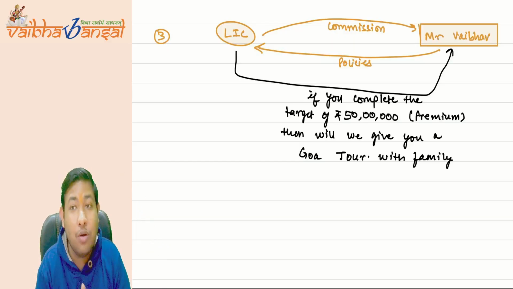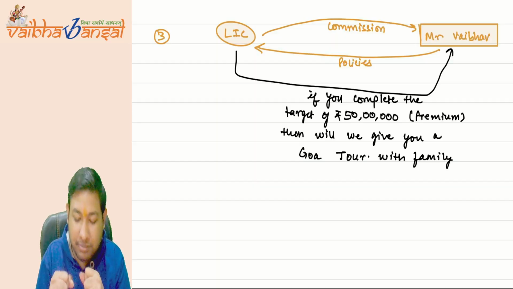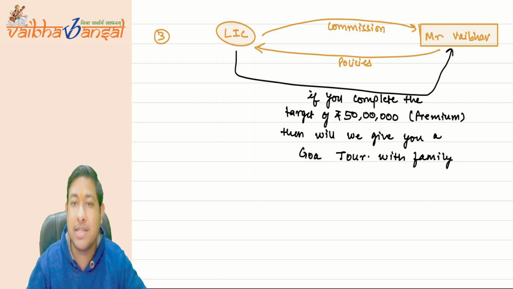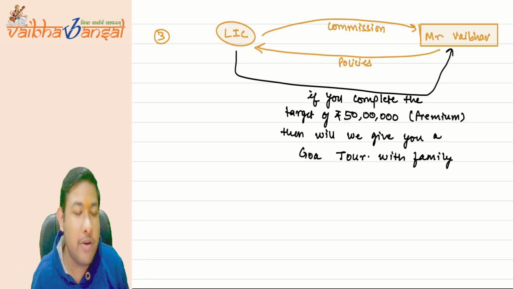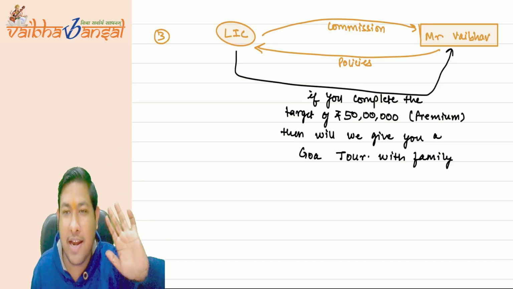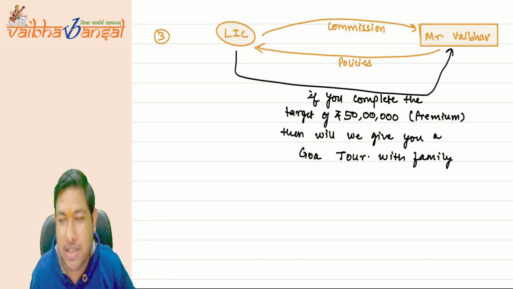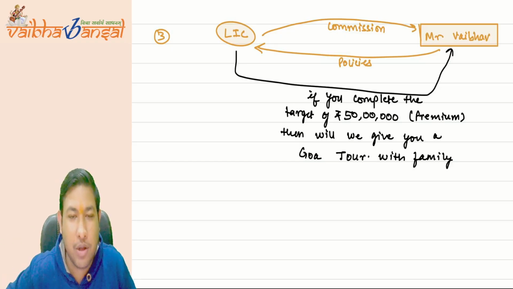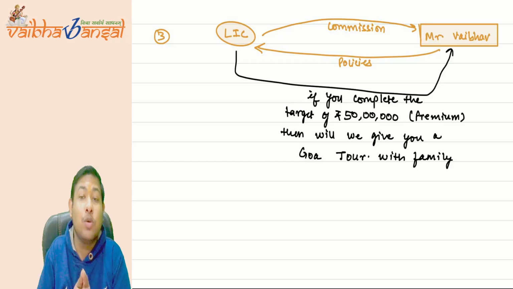Mr. Weber did his best, completed the target, and intimated the LIC that he has completed the 50 lakh rupees target within the stipulated time, and now asked for the Goa tour package.